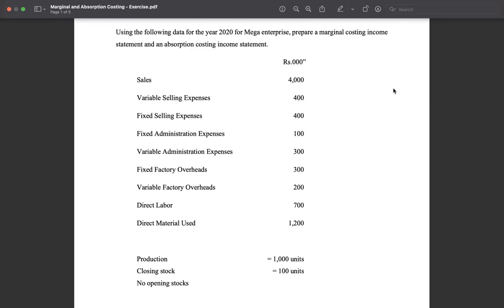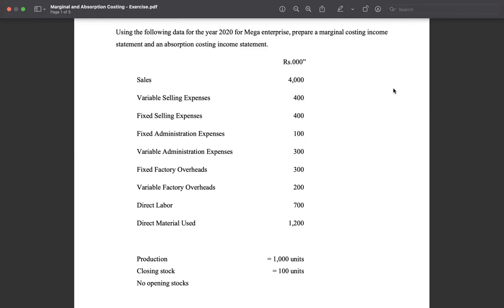Normally in the structure, what do we do? We take sales, then we add any other income, then we deduct cost of goods sold, the cost that we incurred to produce the goods that we sold, not the goods that we produced. Remember, we are finding out the cost of the goods that we sold.